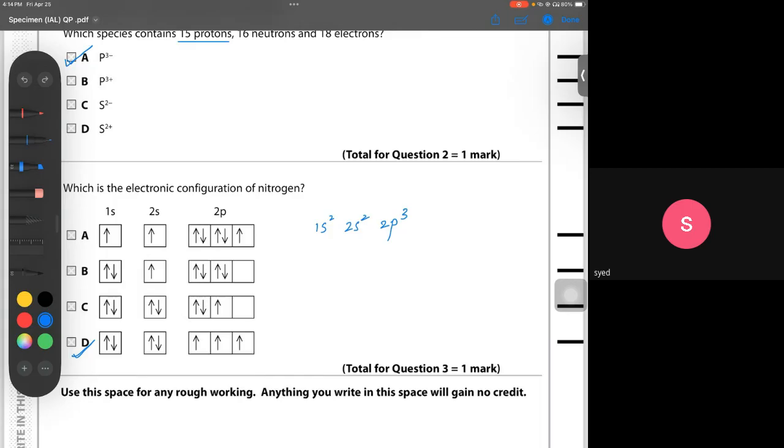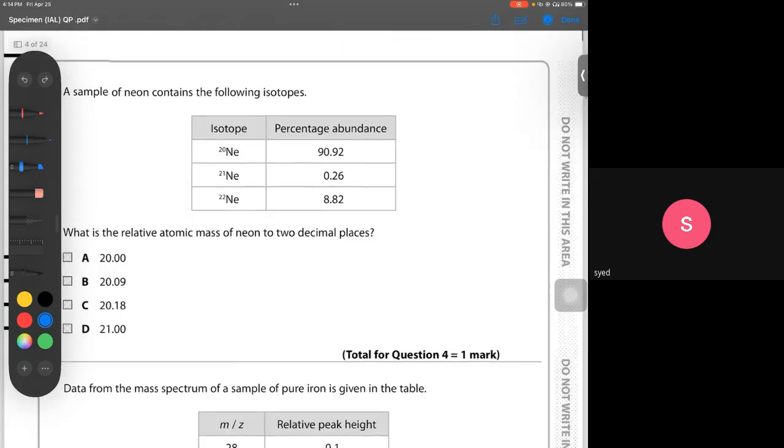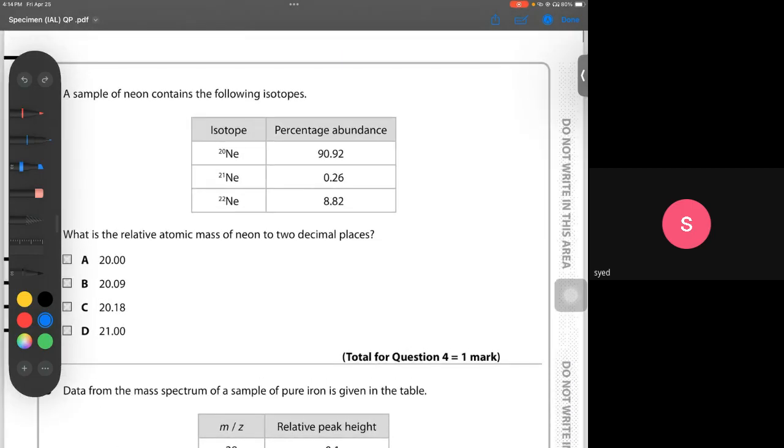Okay, simple. A sample of neon contains the following isotopes. What is the relative atomic mass of neon to two decimal places? So we have to apply the formula: isotopic mass multiplied by abundance. Then we have to sum it up, and we would get the final answer.